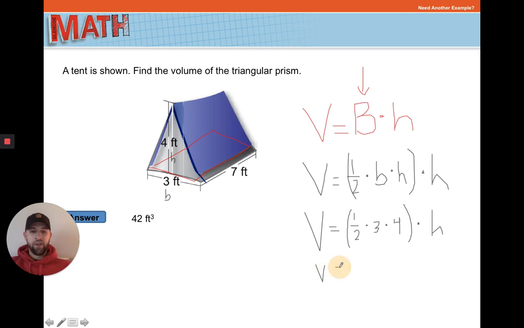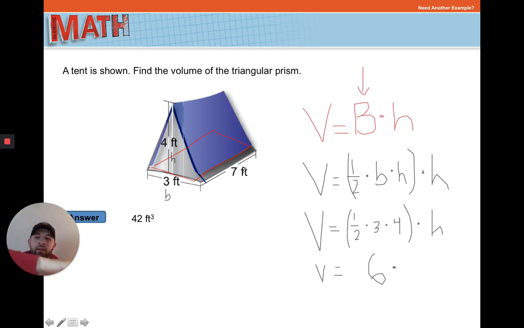So now to find my answer, if I just replace this with 6, because I threw that in my calculator, I need to talk about what is the height of my triangular prism now. Well, we used this 4 and we used this 3 already. There's only one number left that we need to use. But why are we using 7? Remember when I said we have to take this flat tent and then pick it up so it goes straight up and down?